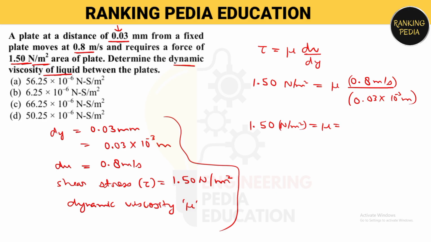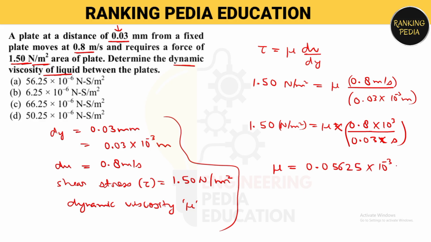Here mu is equal to 0.0525 into 10 raised to the power minus 3 Newton second per meter square. You can use a calculator.